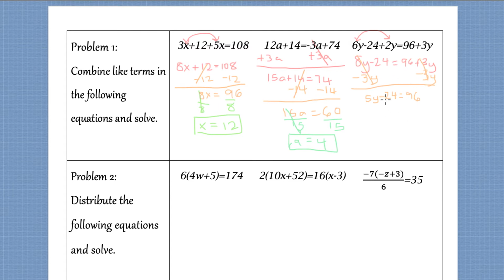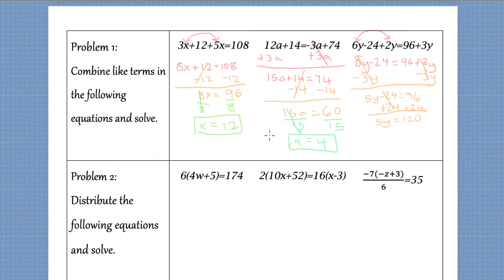And so now what we're going to want to do to isolate it, we're going to use the inverse operations again and just add 24 to each side to get rid of the 24 on the left side and leave the 5y alone. And so 5y, and then the minus 24 plus 24 just cancels each other out, so it leaves us with just 5y, which is equal to 96 plus 24, which gives us 120.